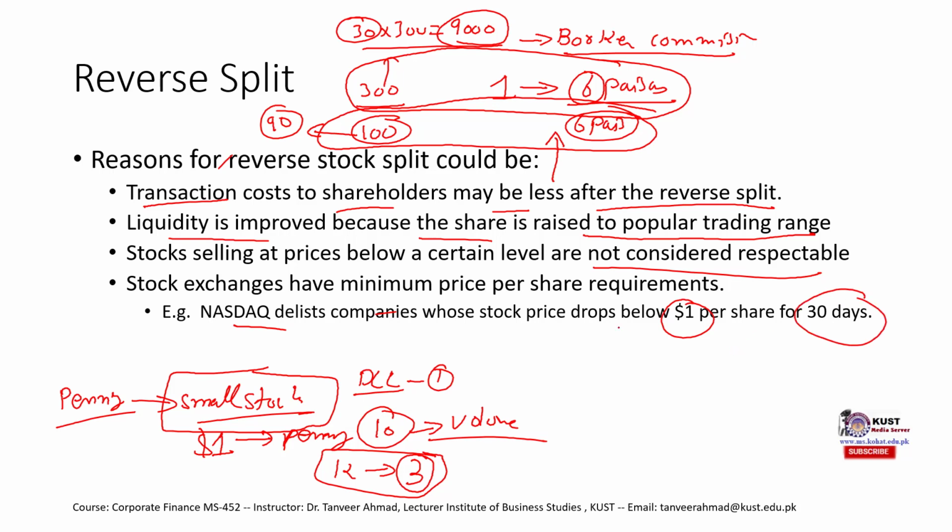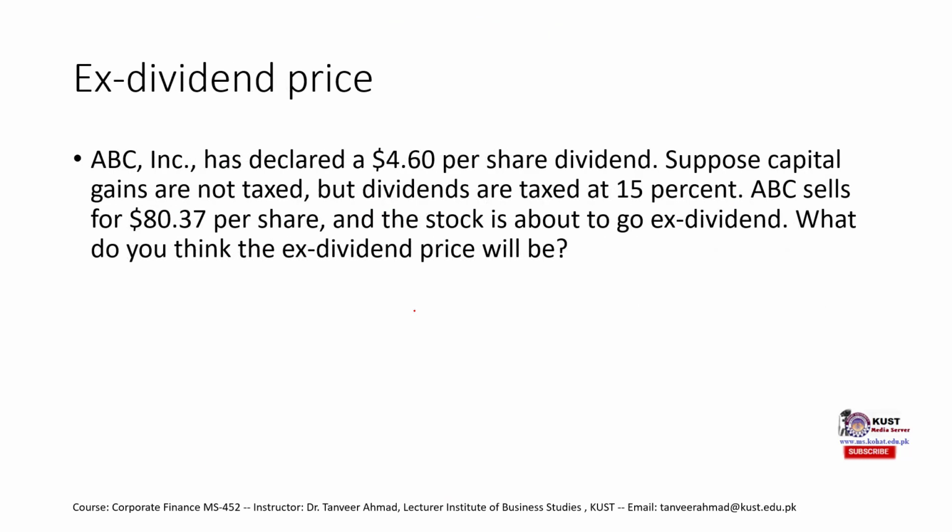So any share that drops below $1 for 30 days continuously, then it would be delisted from Nasdaq Stock Exchange, New York Stock Exchange. So there are certain stock exchanges that do have this kind of requirement, and in that case, for that specific company's share to increase its price, what the company can do is they can go for reverse split.